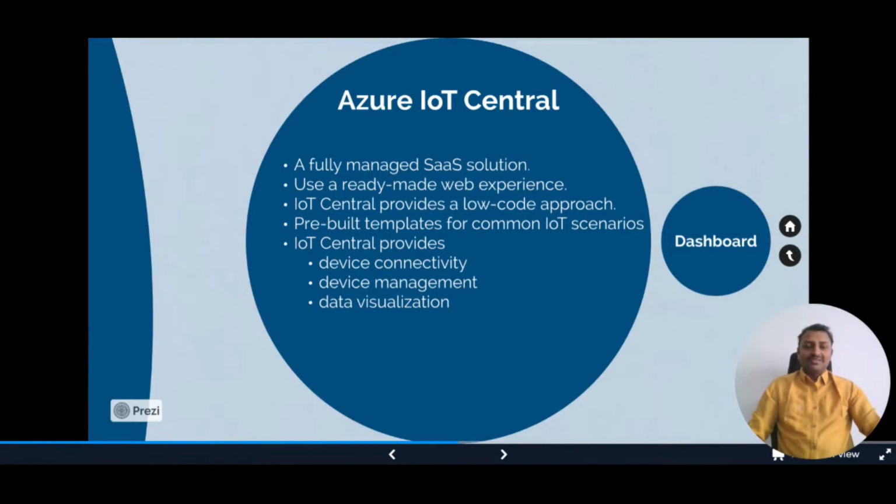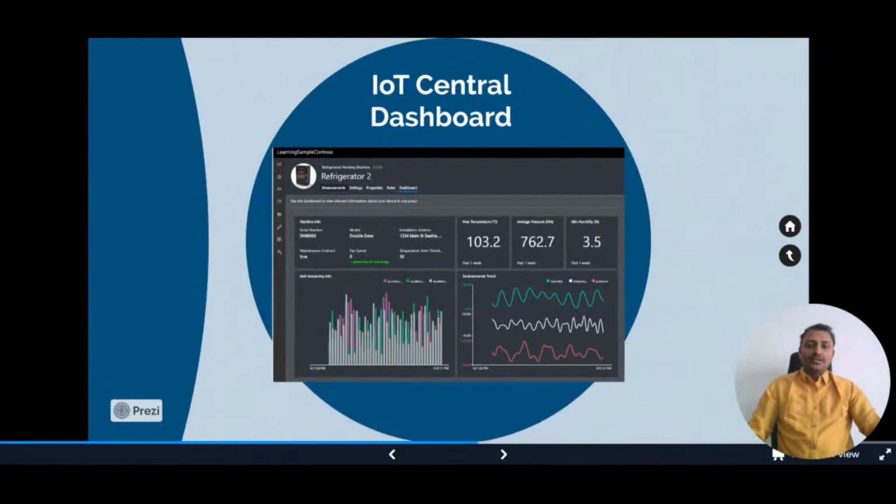Now let's look into the dashboard. The IoT Central dashboard looks like this. You can see various tiles, for example temperature, pressure, and humidity. We also have tiles for graphs where we can see line charts of the data, and some of the properties of the sensor values that we are getting from a refrigerator.